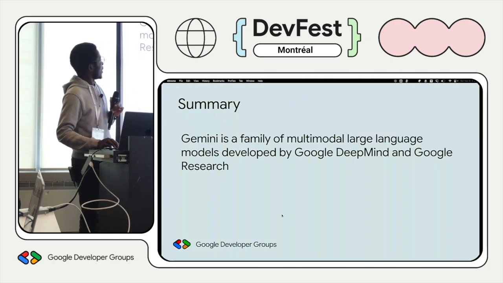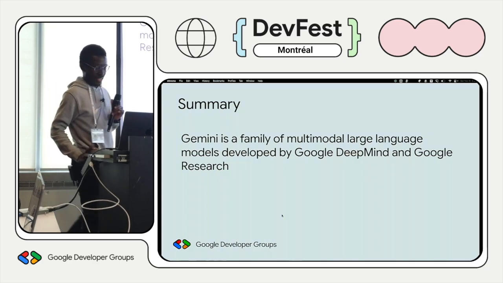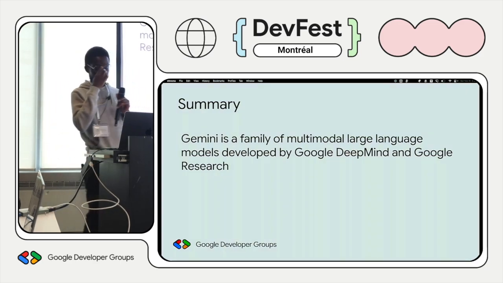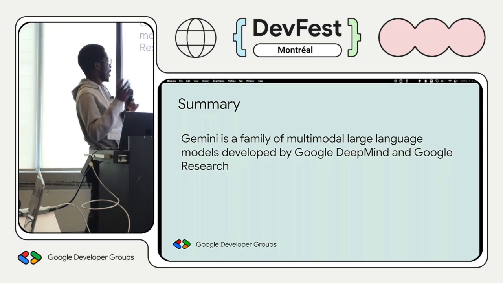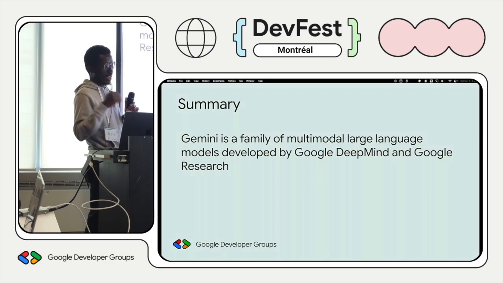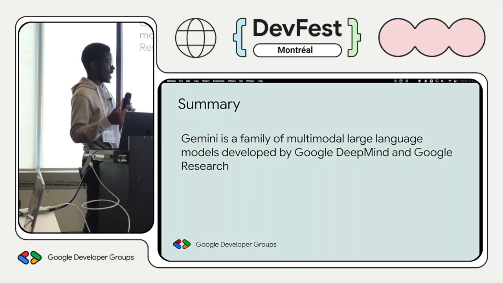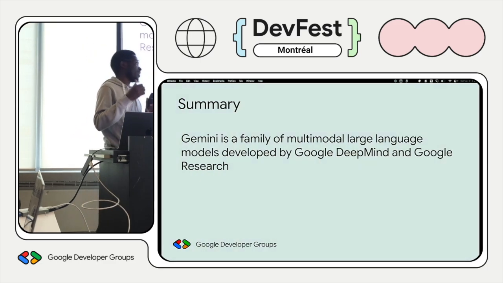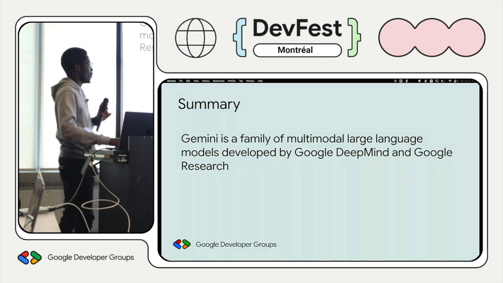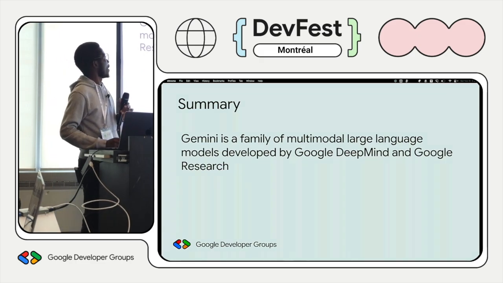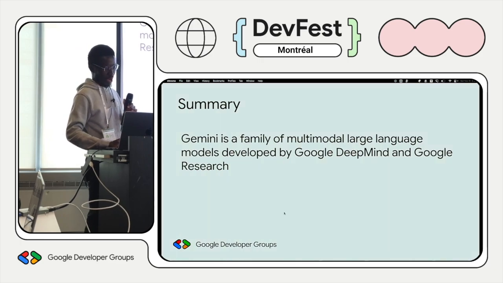So in summary, Gemini, like I've said previously, is a family of large language models. It's categorized into 3 different sizes: Gemini Ultra, Gemini Pro, and Gemini Nano, which is aimed to be built on device, but it's currently not available to the public. It's only available for private preview.